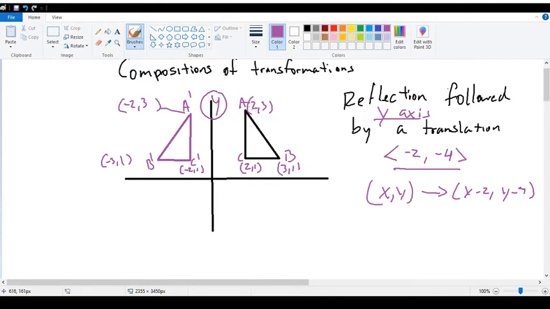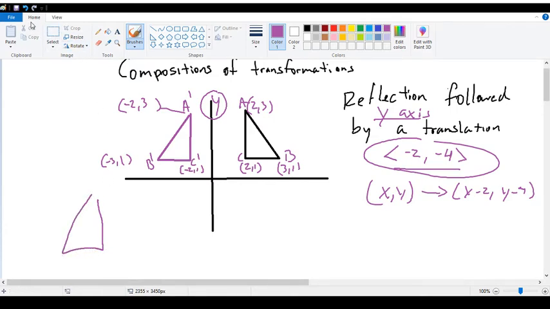So if I flip it on the y-axis, A prime is -2, 3, B prime is -3, 1, C prime is -1, -2, 1. And then if we do a translation of -2, that means I have to move everything to the left 2 units and then down 4. So it's going to be somewhere down here.